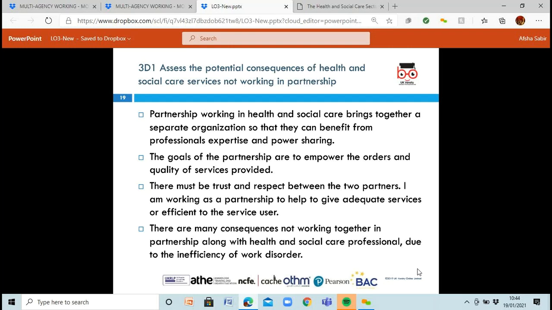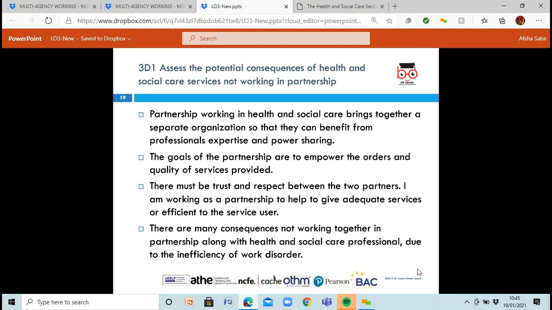There needs to be trust and respect between the partners. So we mentioned earlier that there wasn't much mutual respect within certain organisations, where some think that they might be a little bit better than the others. So that's not really going to give you the optimal environment for working together, is it?